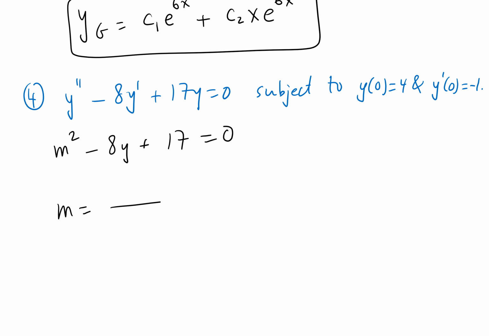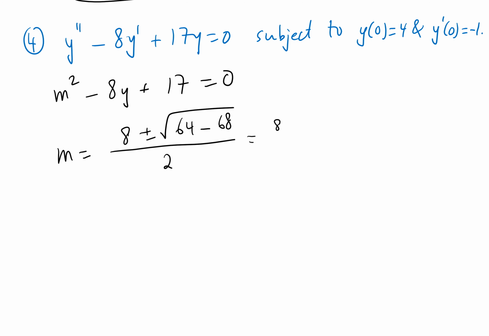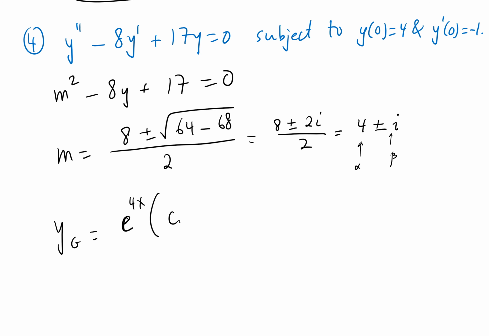We can use the quadratic formula. 64 minus 4 times 17, 68, over 2a. Negative 4 under the radical becomes 2i. So this is like alpha 4 and beta is 1. So the general solution is e to the alpha x times c1 cosine beta x plus c2 sine beta x.